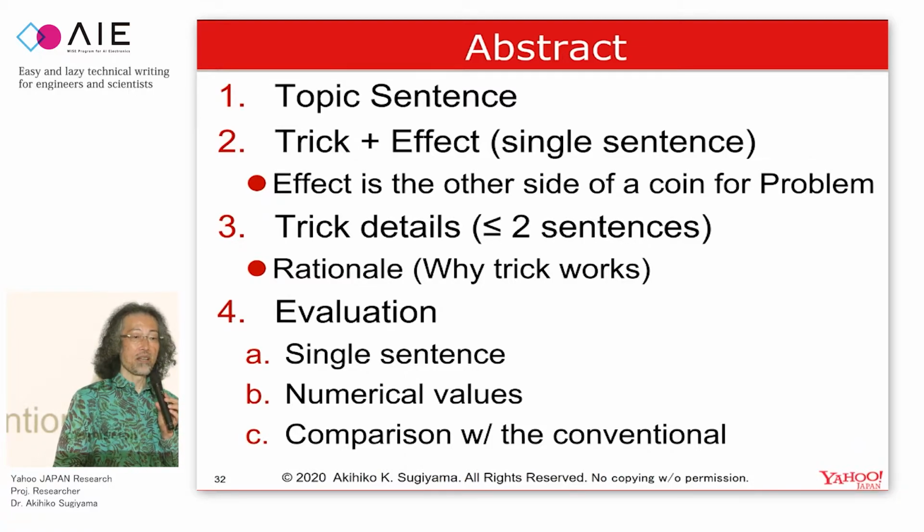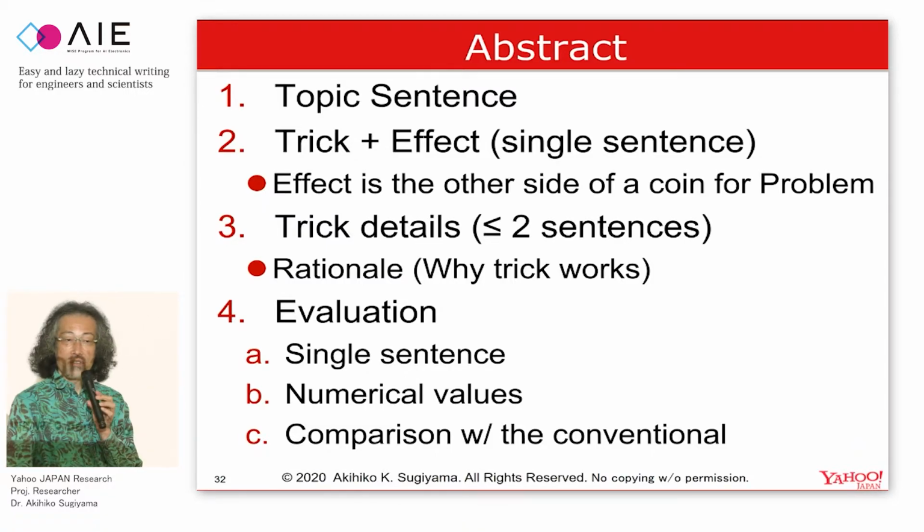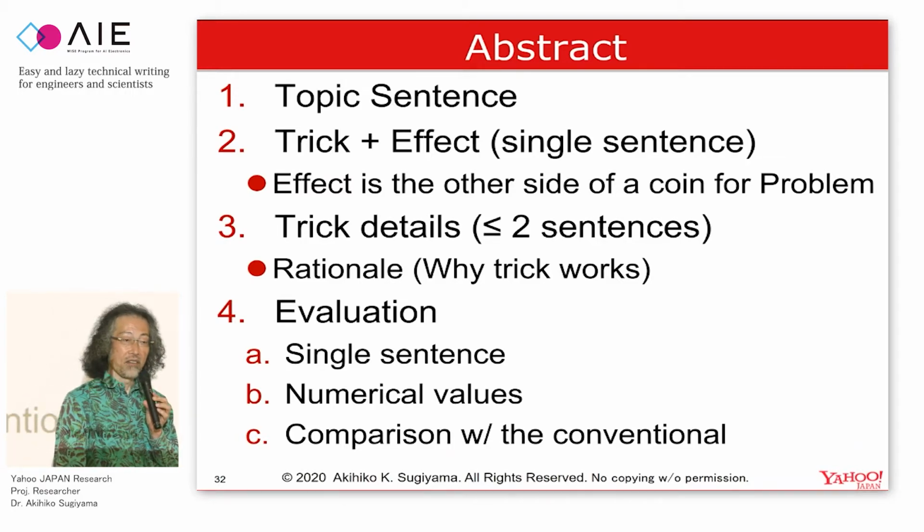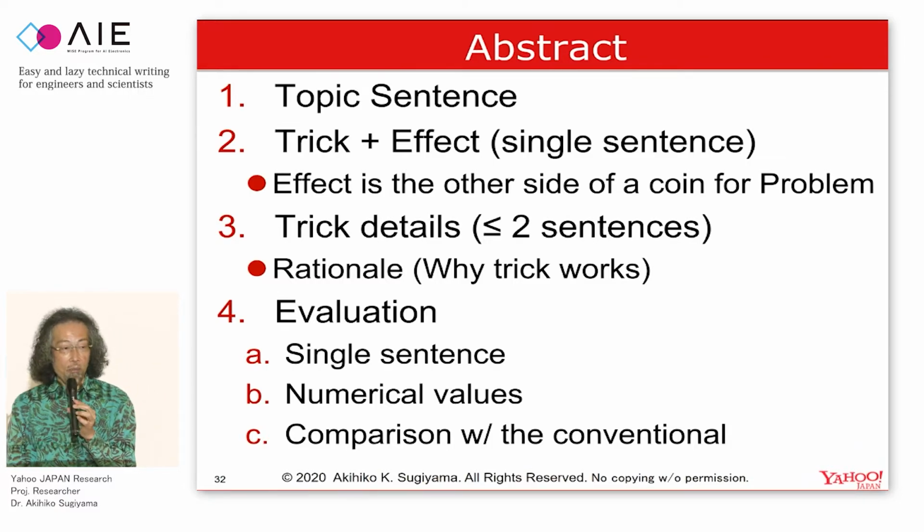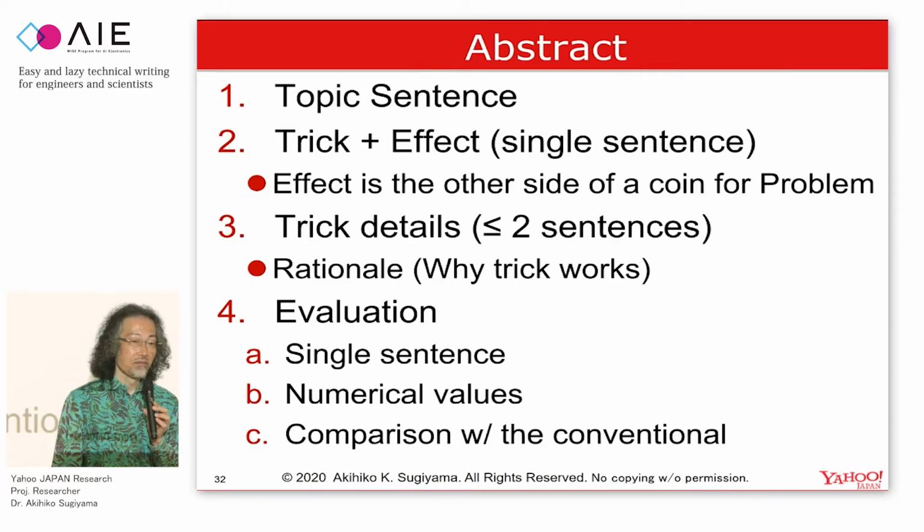You can simply put the value compared to the conventional research result, and they will evaluate if it is very good, or fairly good, or comparable, or not effective at all.